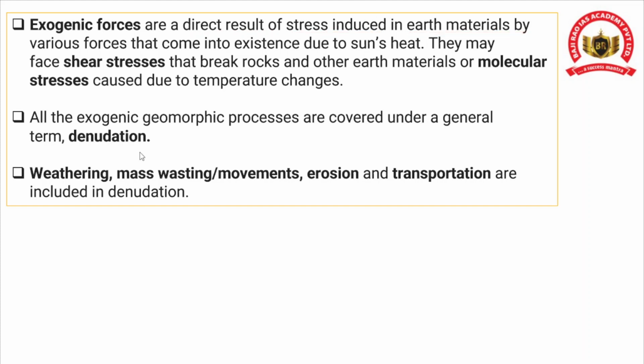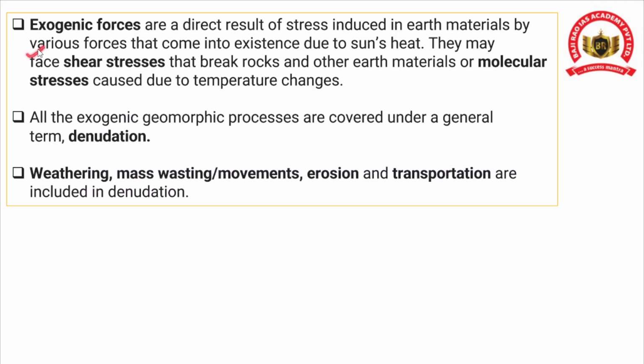For example, temperature, altitude, and latitude all influence and act as exogenic forces. They may face shear stresses that break rocks and other earth materials. Over a period of time they cause molecular stress due to temperature changes.